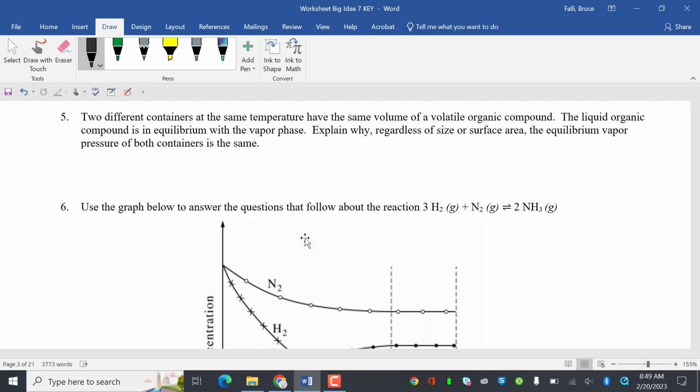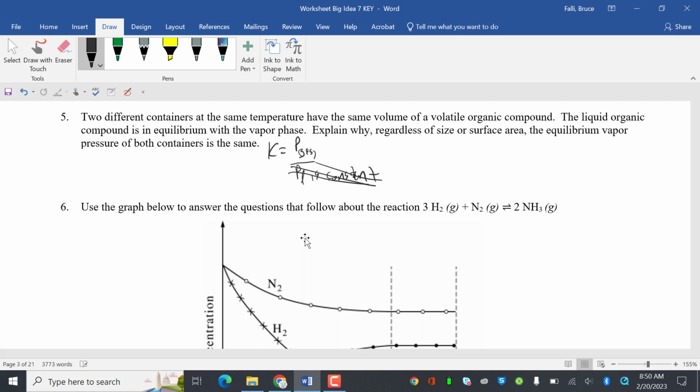K is a constant, which is going to be the pressure of the gas. If I thought of the other one as a liquid, remember, the pressure of a liquid is constant, so that means it won't be there.